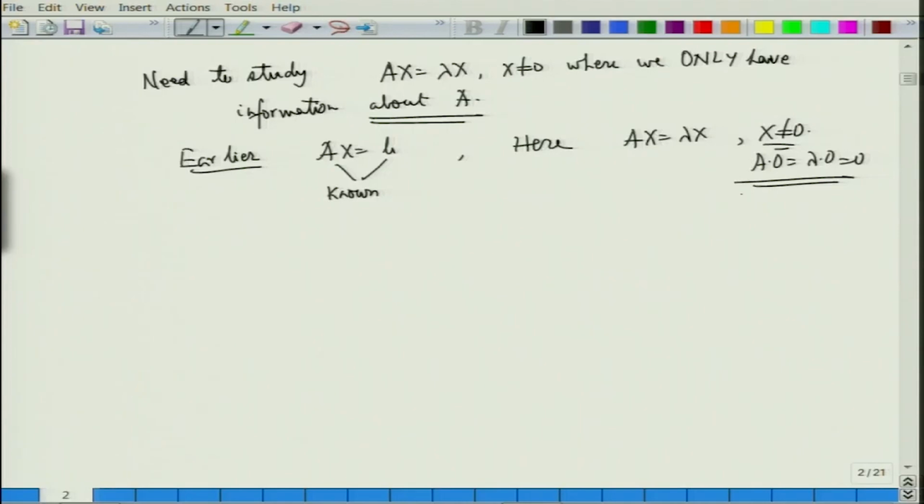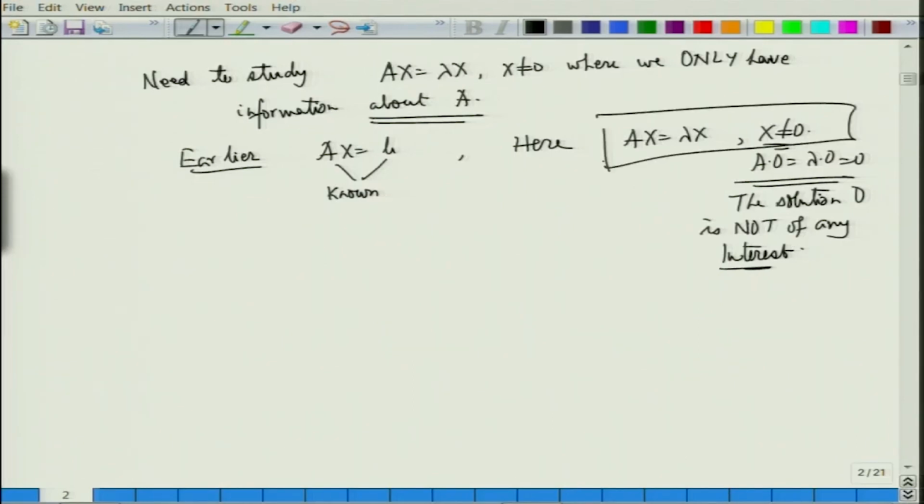So, the solution x equal to 0 is not of any interest, fine. That is important, that I want solutions only which are non-zero, all right. Finally, we will see that we want only solutions which are linearly independent.